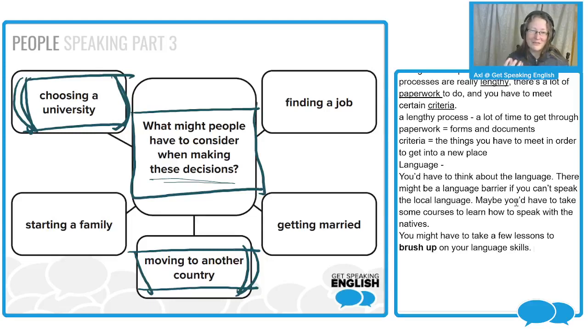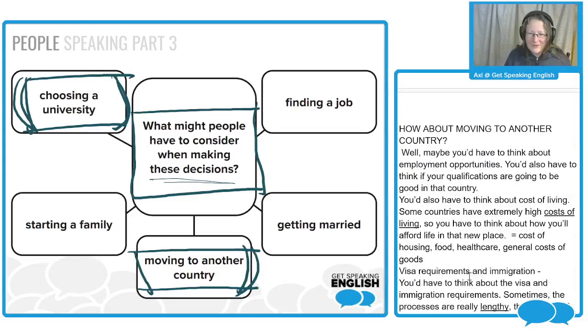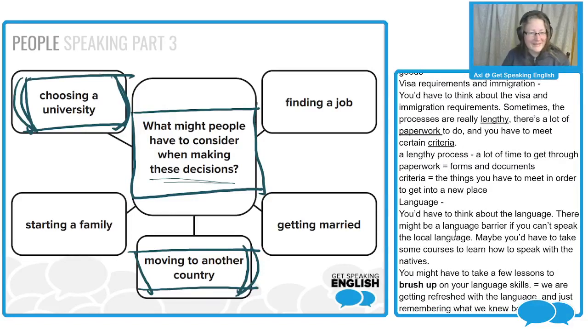If we brush up on something, we are just refreshing our knowledge, so we are getting refreshed with the language and remembering again what we knew before. Yeah, so we might have to do that, right? Can we think of some other things for moving to another country? Although these are all really great ideas, I think.